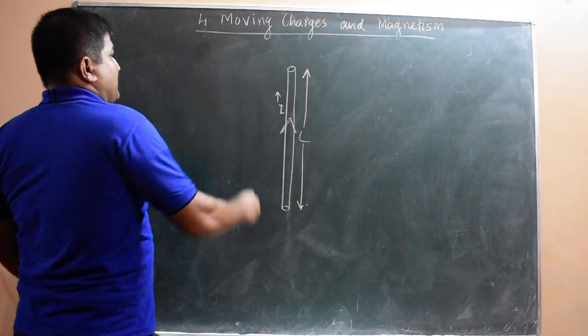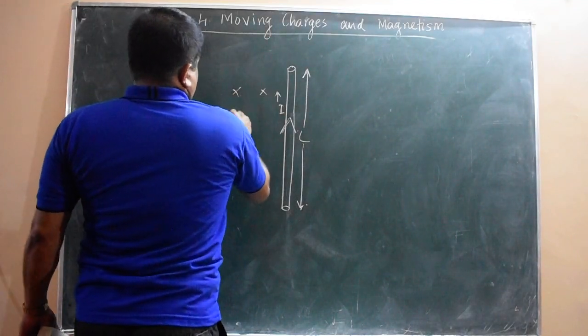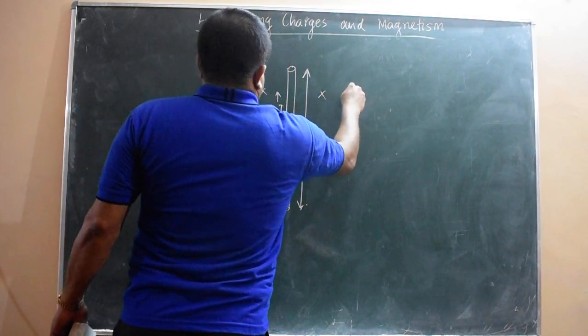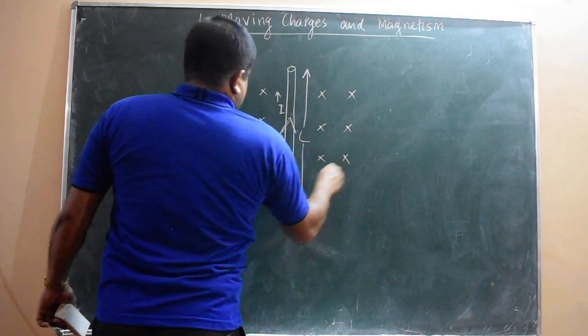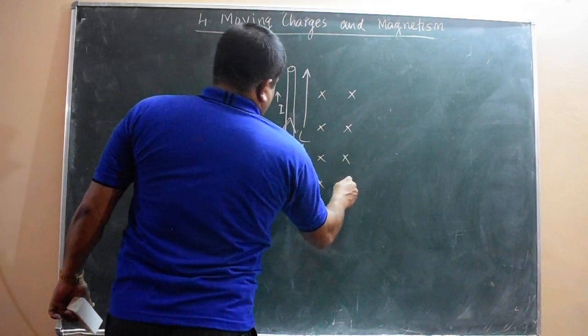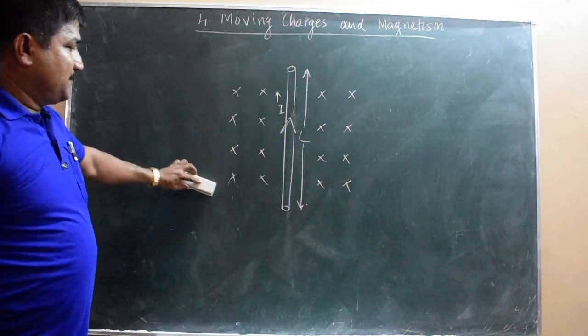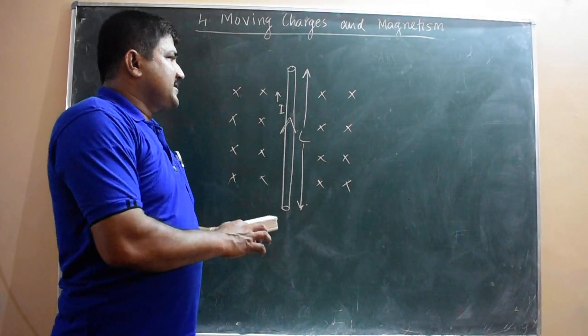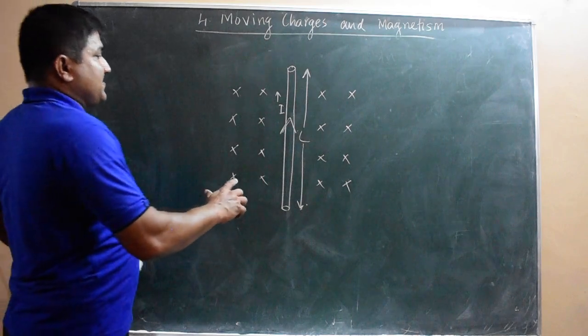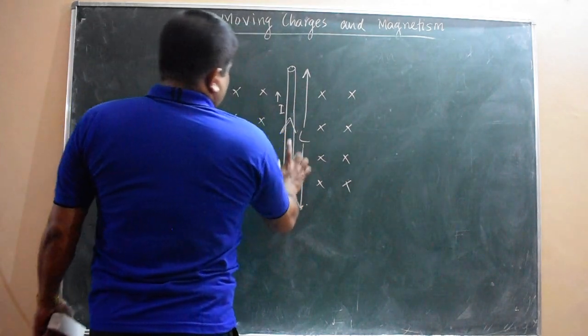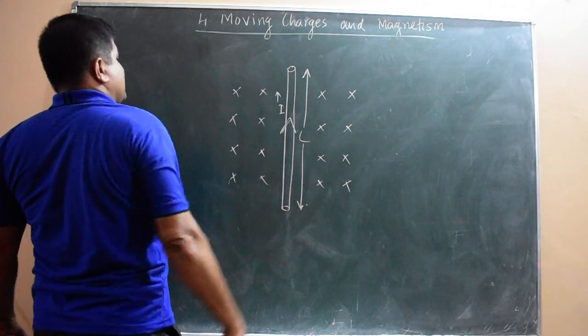If I put the magnetic field lines, this X, I apply the magnetic field perpendicular to the plane of the board. So this X mark indicates the field is inwards. The current is flowing upward and the field is inwards.